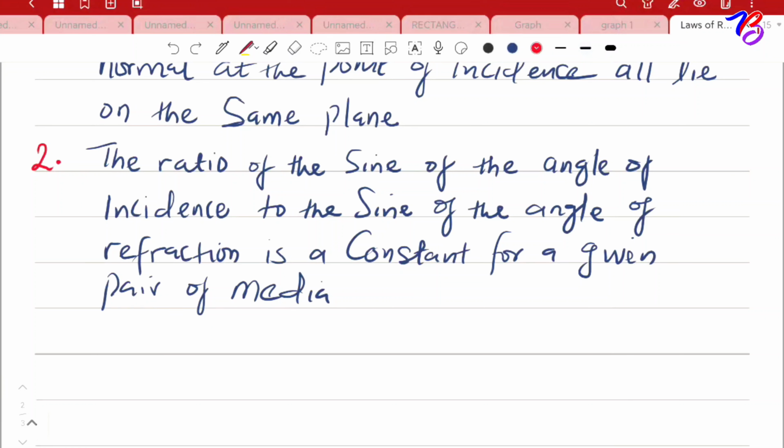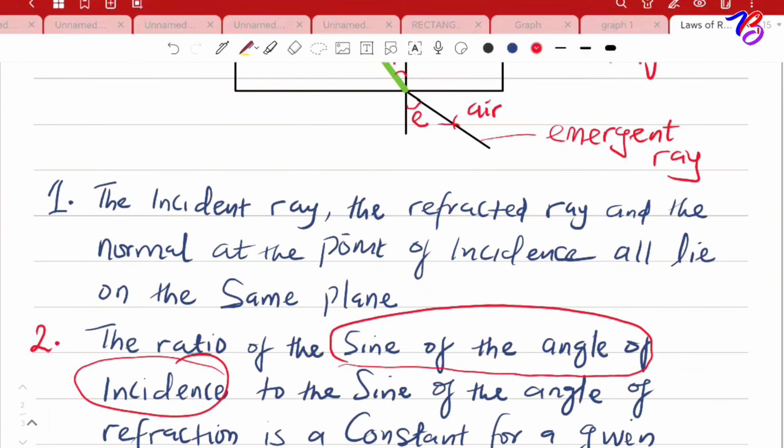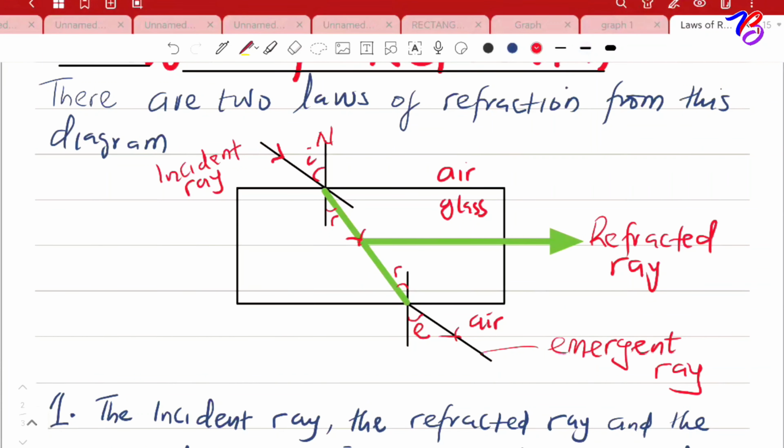It means sine I. Look at it here. You can see where I is. Let's circle it for you.